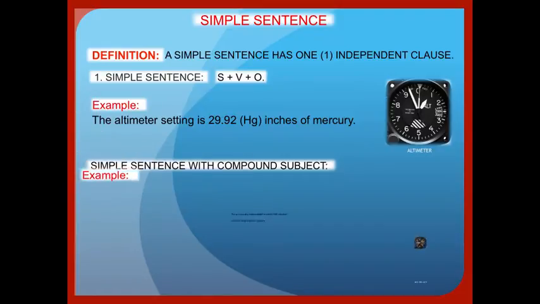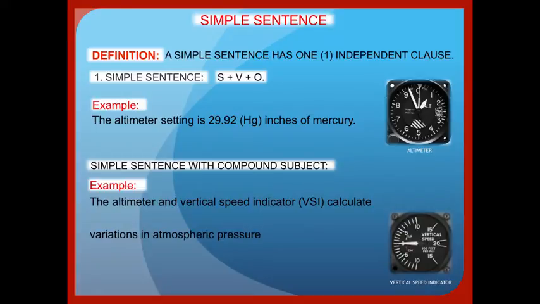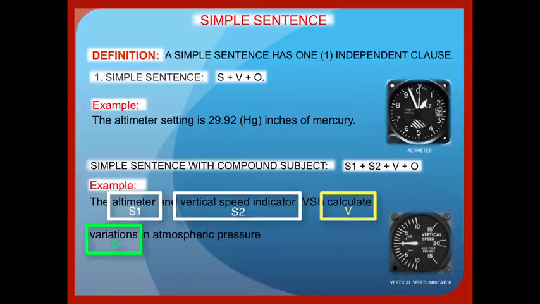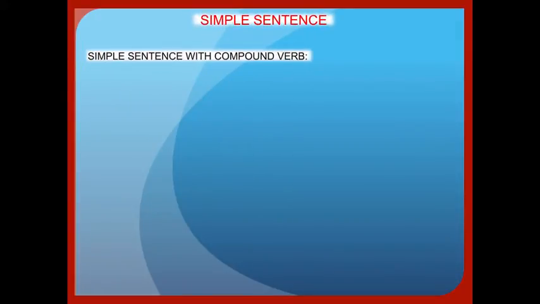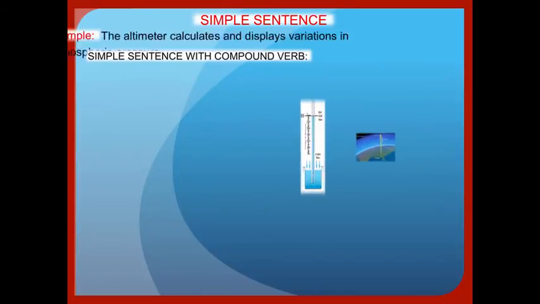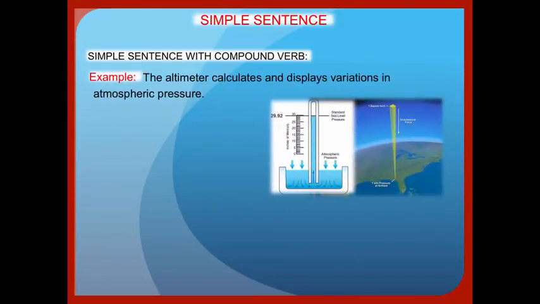For an example, a sentence with a compound subject is, the altimeter and vertical speed indicator calculate variations in atmospheric pressure. The dominant sequence, which is also called linguistic typology, is subject 1 plus subject 2 plus verb plus object. An example of a simple sentence with a compound verb would be, the altimeter calculates and displays variations in atmospheric pressure.